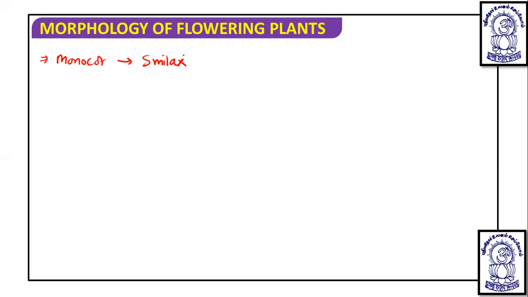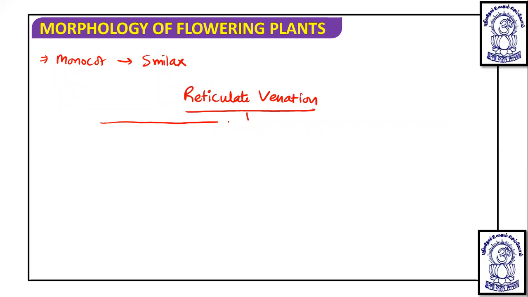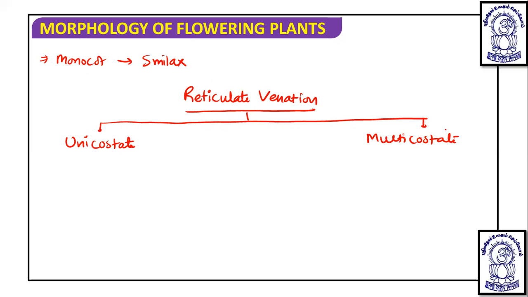After this, if we talk in more detail, then reticulate venation is of two types: one is unicostate and another is multicostate.